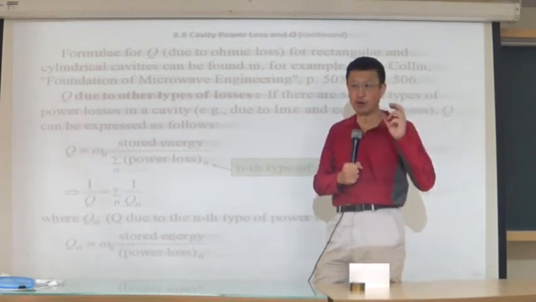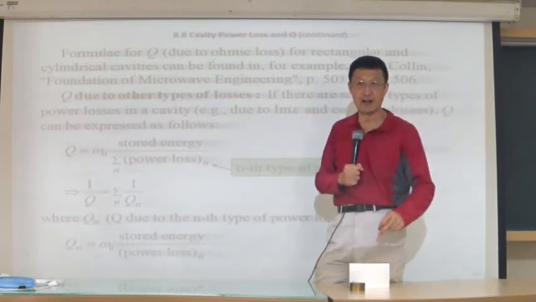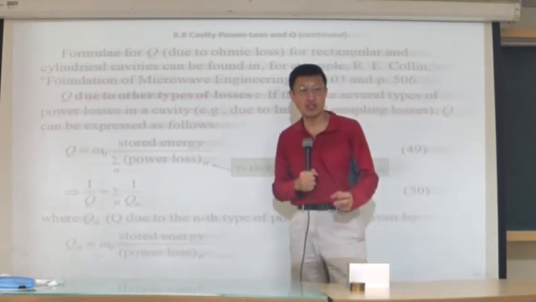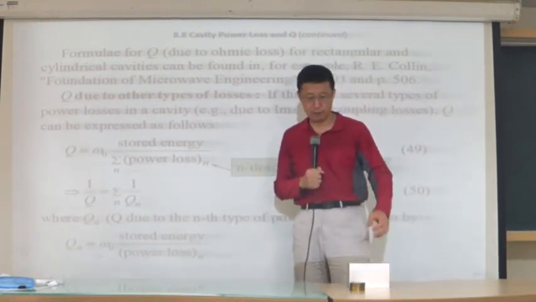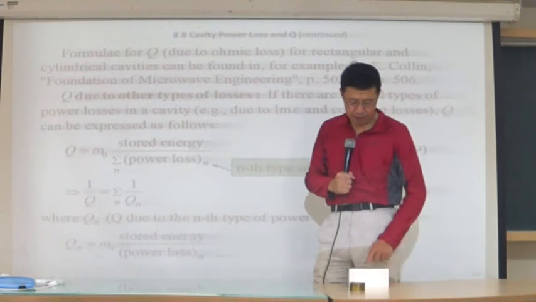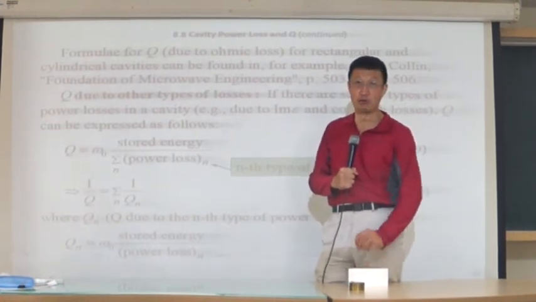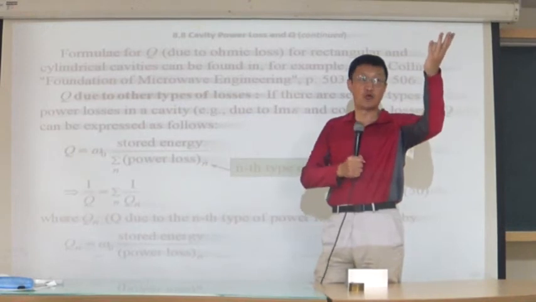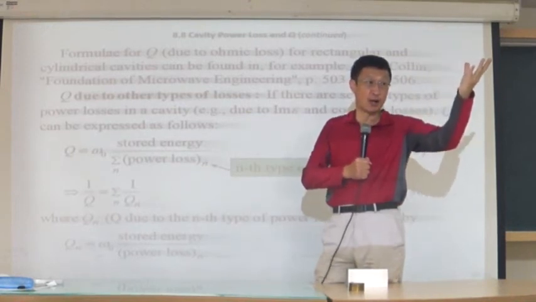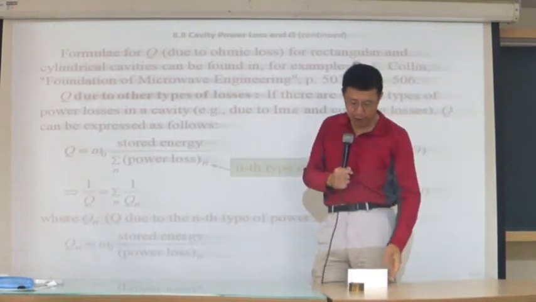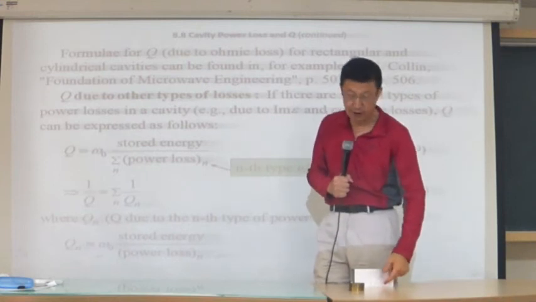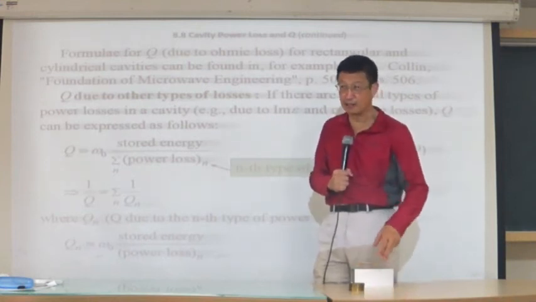If you put magnetic material inside, there is a magnetic loss. If you have a small hole here, energy will radiate. That's radiation loss. If you have a small hole here, energy will also undergo something like diffraction.